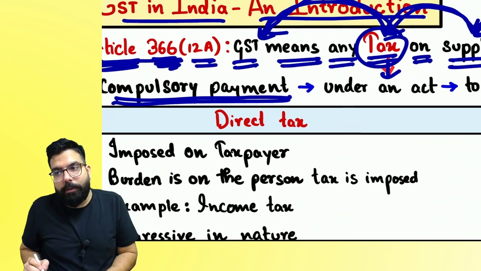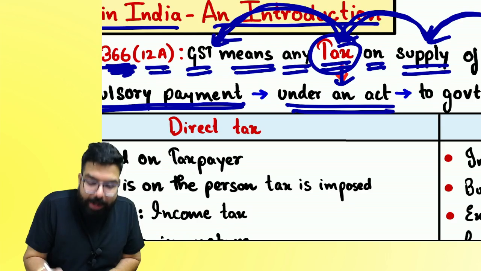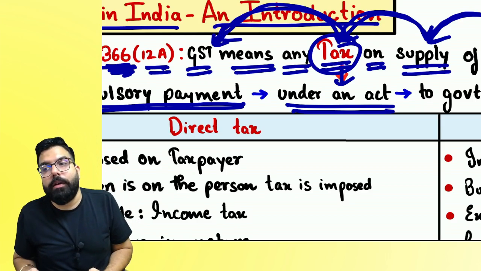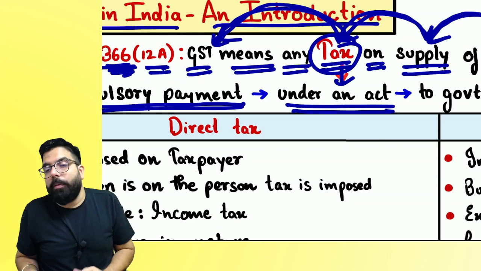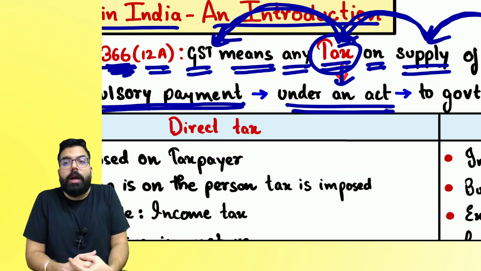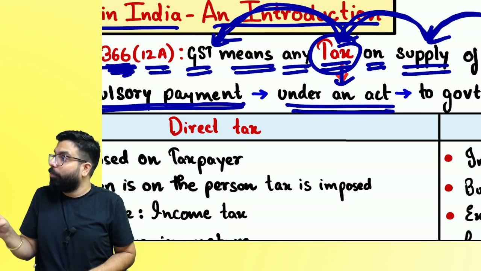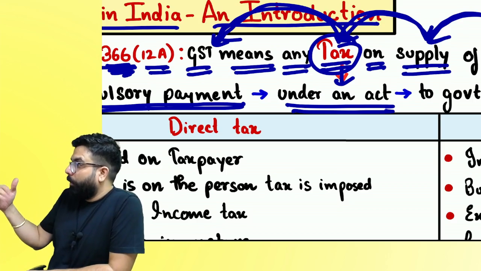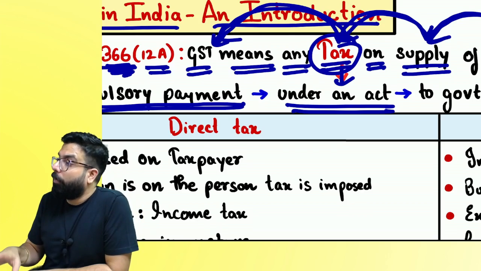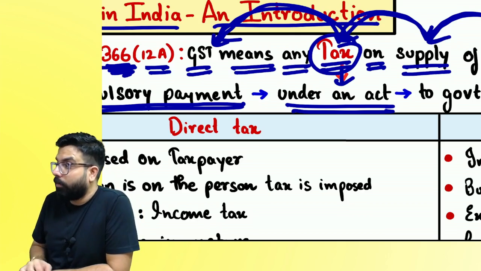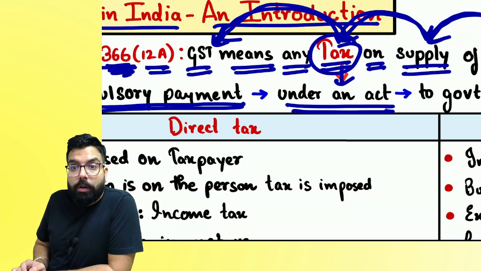You have to pay to the government. It is collected under an act. Why is it collected under an act? Because if I am a pan shop owner and one goon comes every day and says give me 50 rupees, that is a compulsory payment. Is that tax? Why not tax?